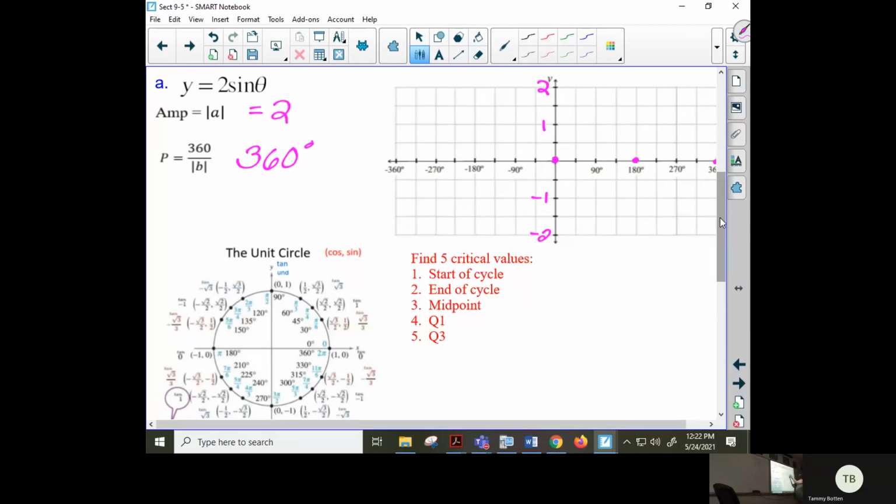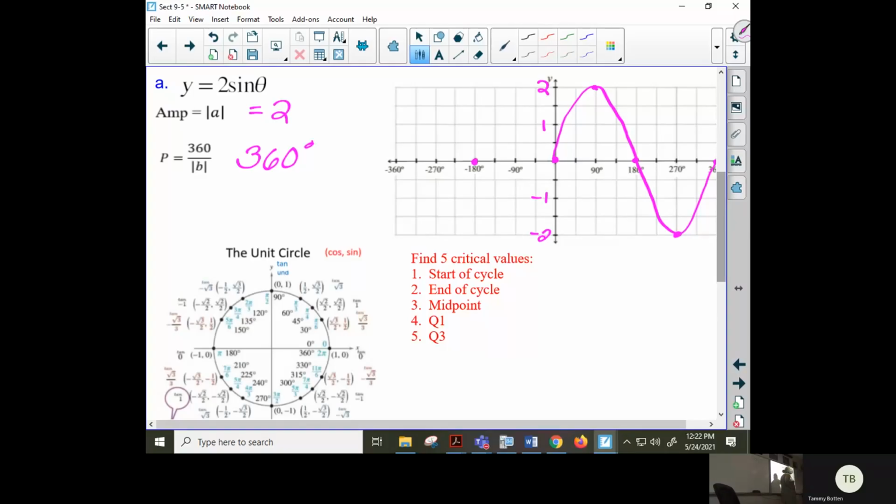And then where would 90 be? Would it be up at 1 or down at -1? Oh, up at 2, yes, sorry. Up at 2. And then at 270, it would be down at -2, okay? So my amplitude is the only thing that changes here. And then if I went backwards here, what do you think would happen at -180?